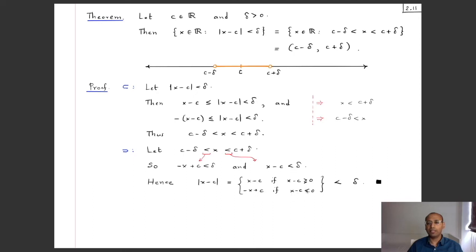And if we are in the other case, then the number is minus x plus c, but that also we know is less than delta. So no matter which case we are in, it's always less than delta. And so mod x minus c is less than delta, and so whenever you have an x in here, it's also in here, so also this set is included in here. So this inequality is equivalent to this one. Okay.